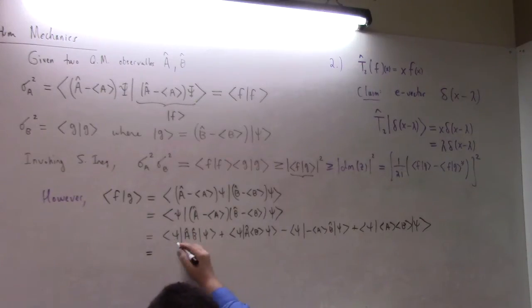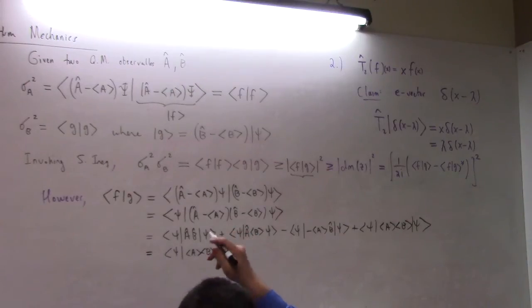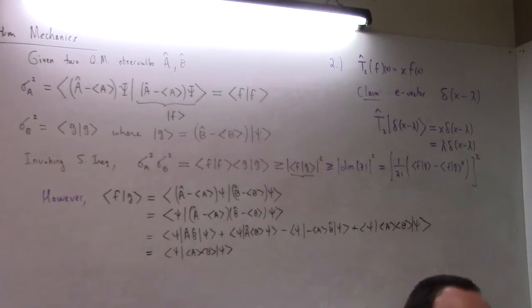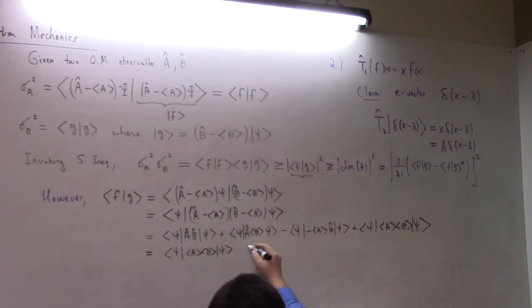So this here goes to psi, and this converts to this, because remember the thing we proved over here: for an observable, the observable acting on the wave function gives me back the expectation value of the observable times the wave function.